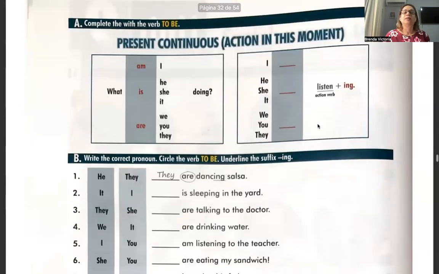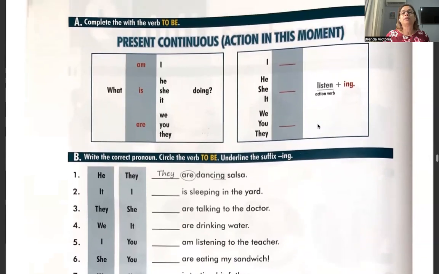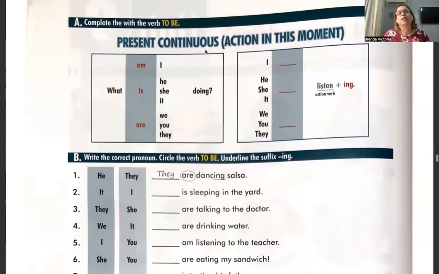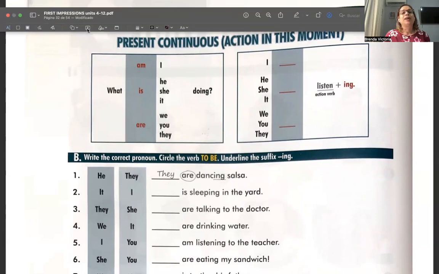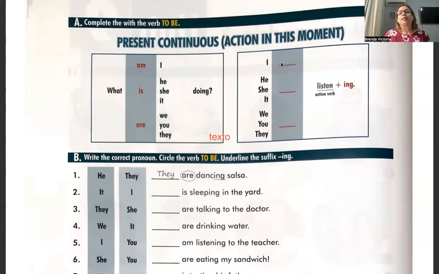Okay, so on the next page, page 50, we have the present continuous, action at this moment. And here, depending on the personal pronoun, the subject, we have to change the verb to be. What am I doing? What would be then the answer? I am listening.